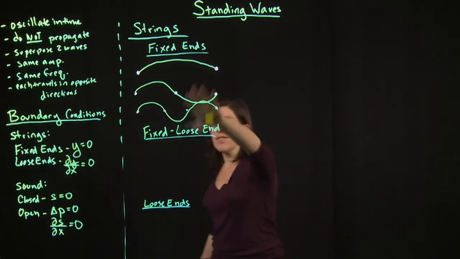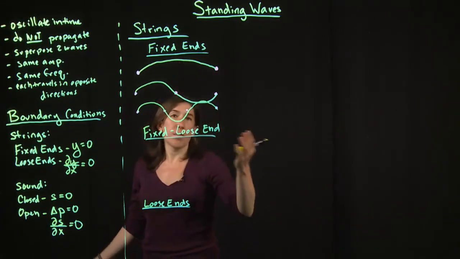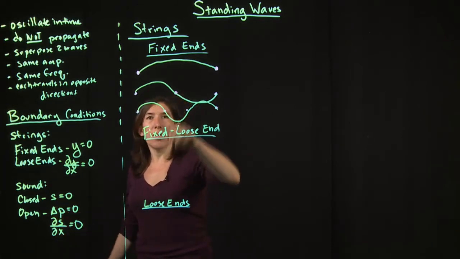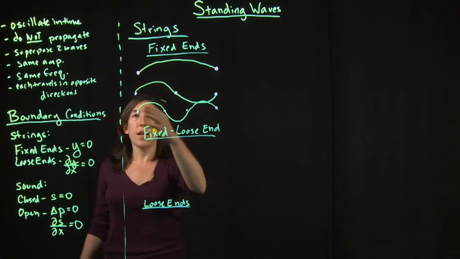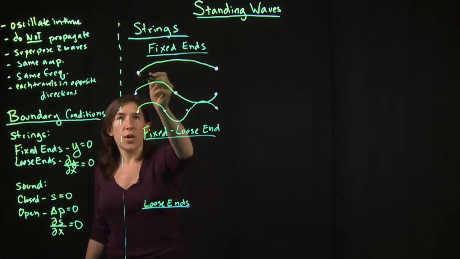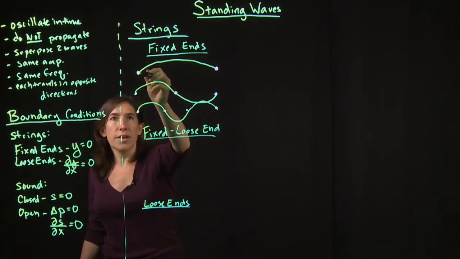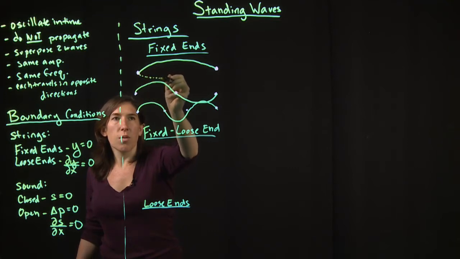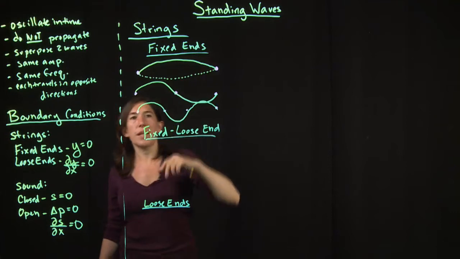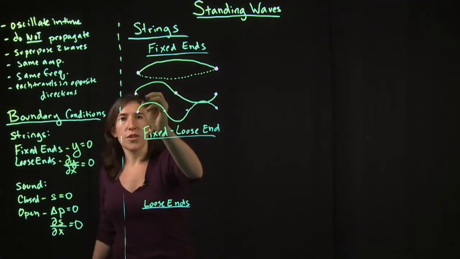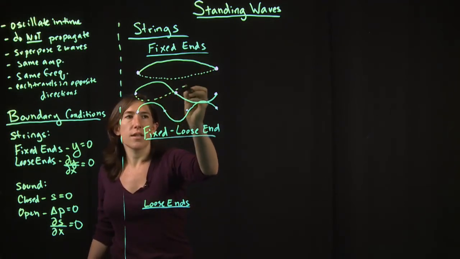Now, of course, each of these are drawn for some particular time. And what really is happening with standing waves is, I said, they're oscillating in time, they're just not propagating. So at a half of a period later, what will have happened is this string will have moved all the way down to the bottom. It'll have completely reflected. And that's true in all of these cases.